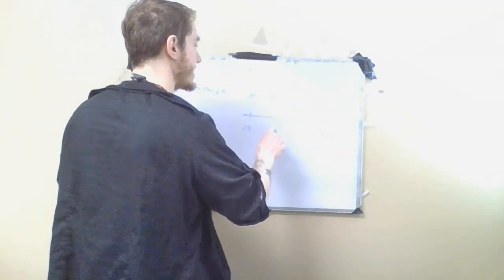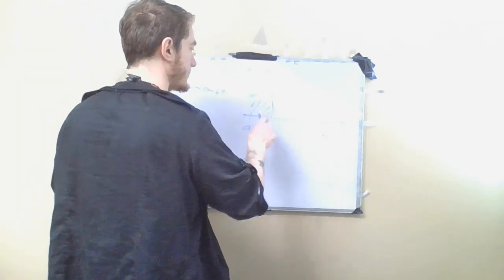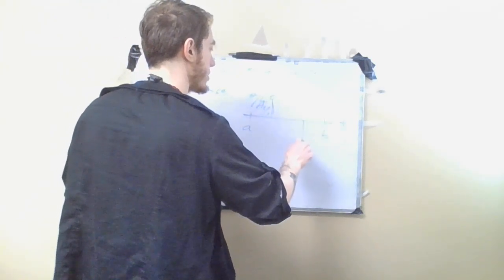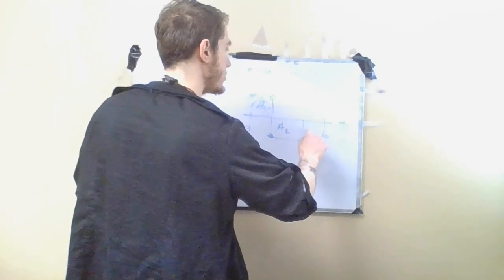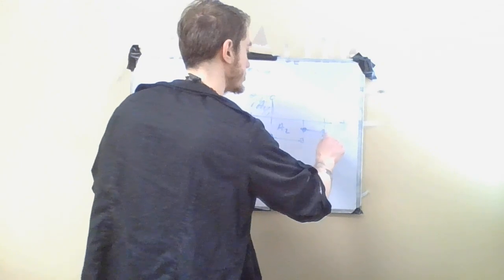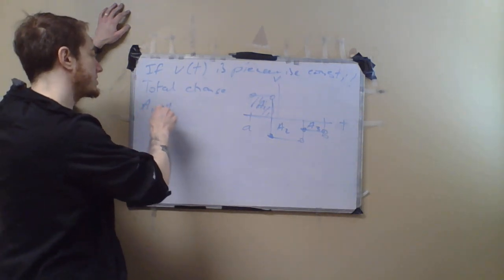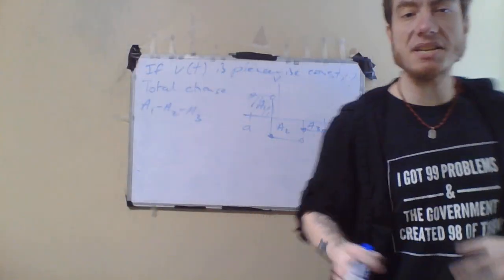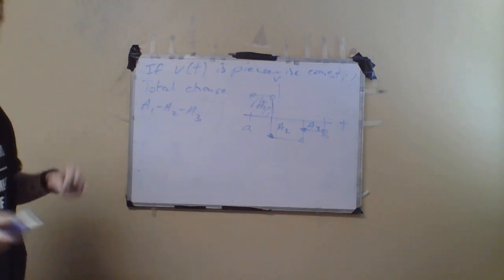It's going to be the area that is above the t-axis. So if we call this A1, and then down here we have this region which has area A2, and then we have this region which has area A3, the total change is going to be the area A1 minus the area A2 minus the area A3. But this is going to continue to be true even if it's not piecewise constant.